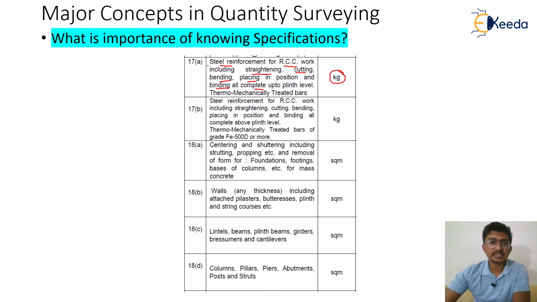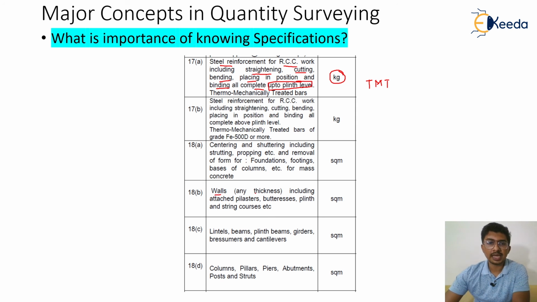So this specification is specifically telling me that TMT bars are to be used. Whatever work is related to that RCC reinforcement, that is straightening, cutting, bending and placing, has to be done by the contractor himself, the quality of the product should be good, and the work is to be done up to plinth level. Getting it?